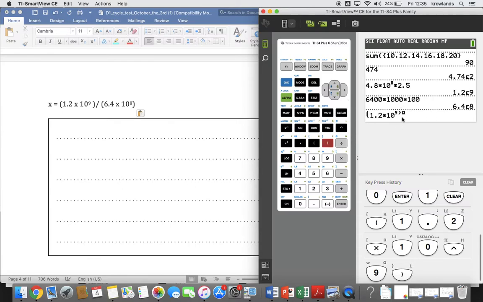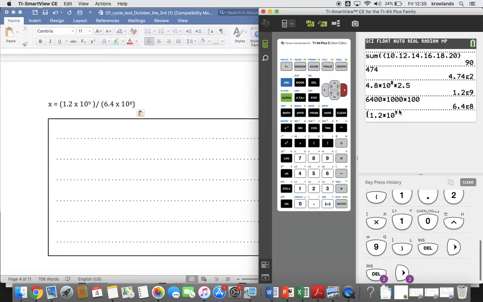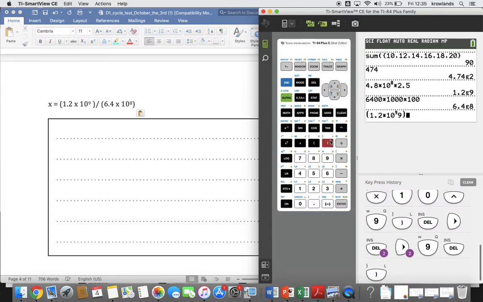And if you can see, when I've closed brackets, it's small, and that's a problem. So I need to delete what I've just done, and I need to press the arrow right. And I'm going to delete again, arrow right, right, there we go. It's now a large number rather than a power, close brackets.